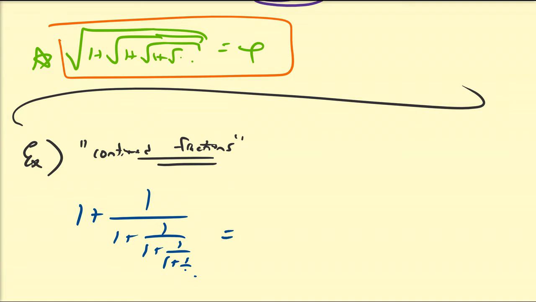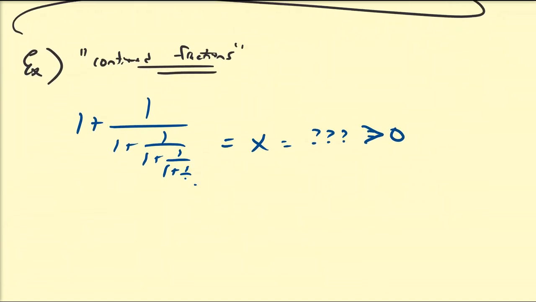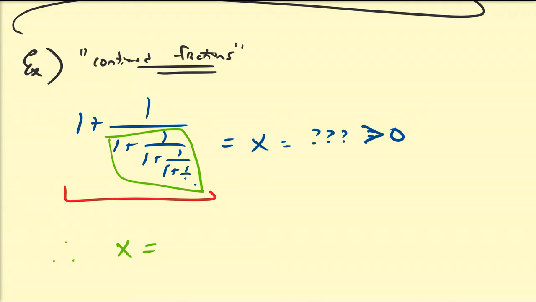So again, this is clearly a positive number, but I want to know what its value is, right? So take a guess at what you think this value actually is equal to. So again, this whole entire thing is x, and this piece right here is pretty much the same exact thing. So what I have here is x is equal to 1 plus 1 over x.